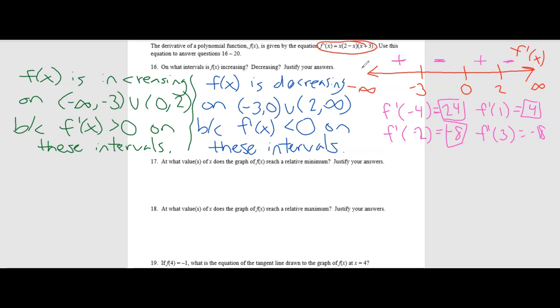Okay, number 17. At what values of x does the graph of f of x reach a relative minimum? I will go through this diagram one more time. I know you're sick of seeing it, but I'm really trying to hone in and have you understand these relationships dealing with derivatives and original functions so that you don't have to think about these too hard later on in the course.